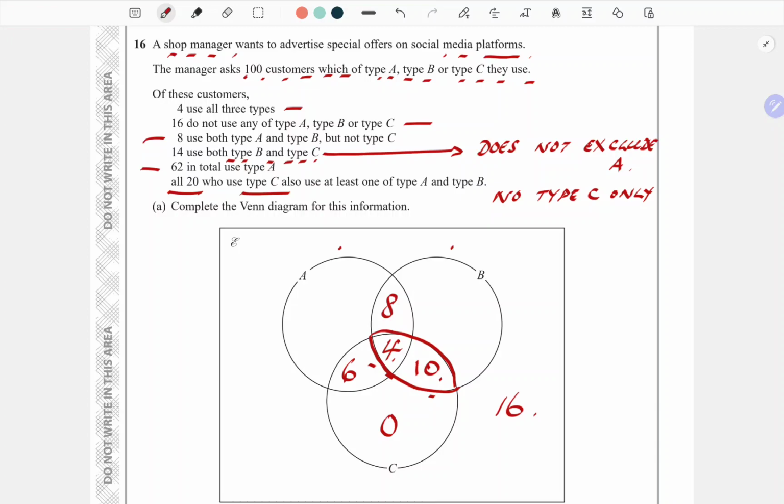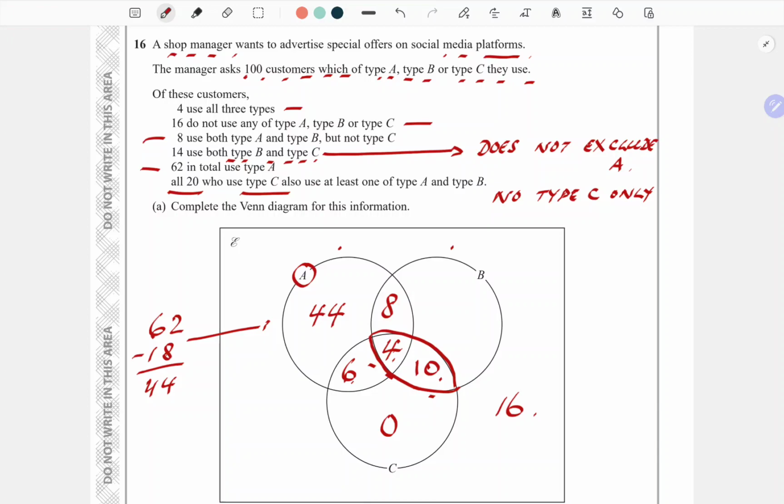Now we come back to the thing about A. 62 in total use type A. Well, we've already got 8 plus 4 plus 6, all right? That's 18, okay? And so 62 minus 18, all right? 44. There. So that is just about all of that.